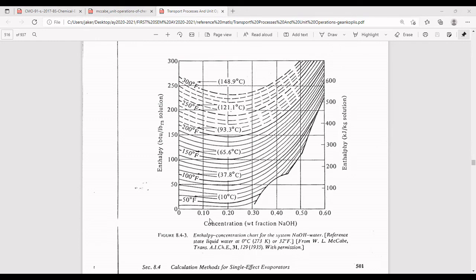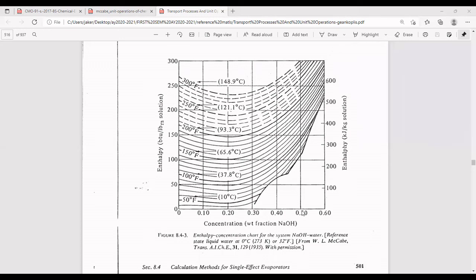So you have here the solid contents on the horizontal axis. So whatever is the solid content, let's say, for example, we are referring to our final product. In our case, the solid content of our final product in the problem that we're working on is 50%. So this is where you're going to start.